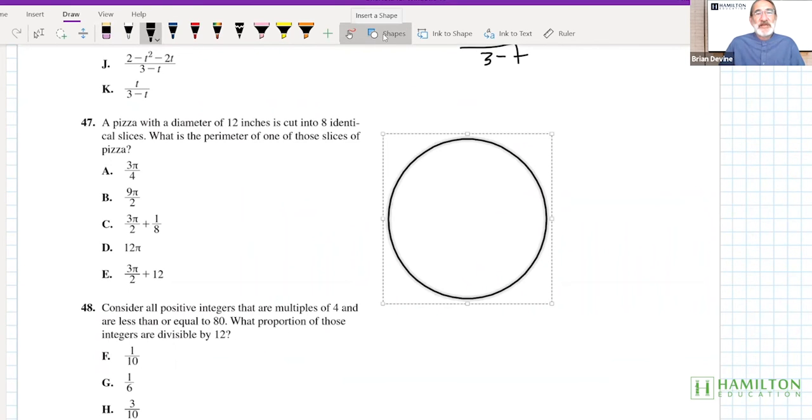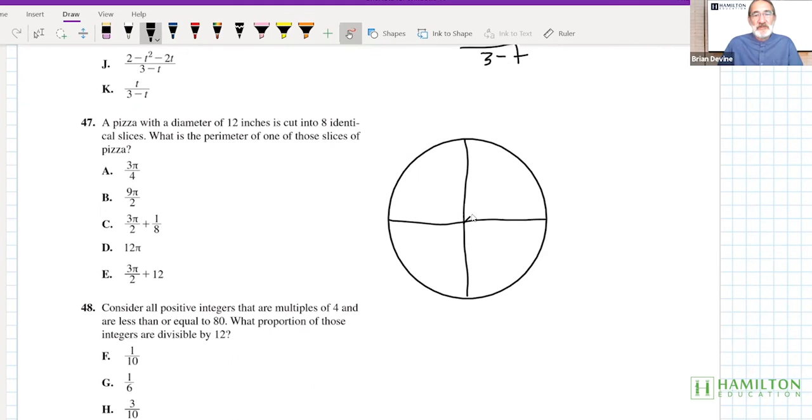And if I cut that into 8 slices, this is 1/8 right here. In fact, we'll put some pepperoni on there, just to make it look like a piece of pizza.